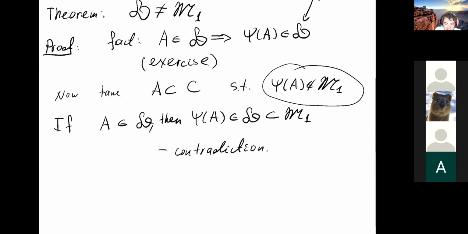And what we achieved in these two lines is that A cannot be in B. So A is Lebesgue measurable, but it cannot be Borel measurable. That's the point, that A cannot be in B, at least sometimes. So this was exactly the point of the theorem, that B is not equal to M1. If B was equal to M1, then this would imply that A belongs to B, but it doesn't.